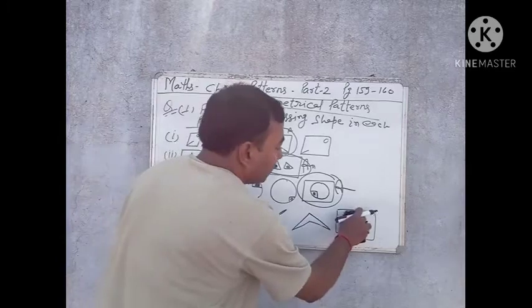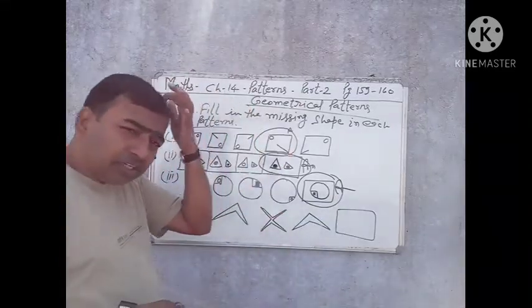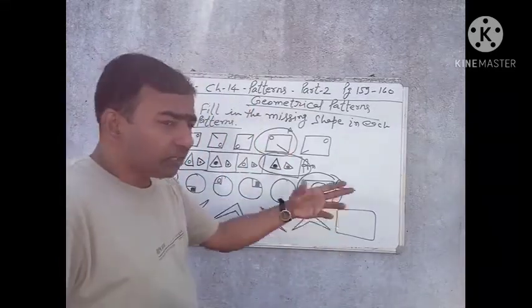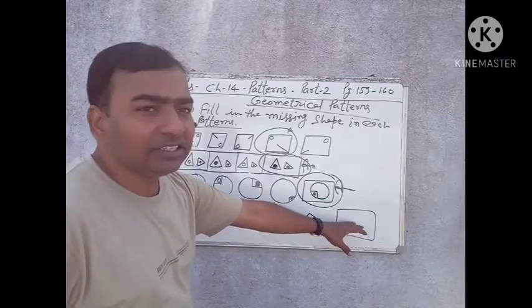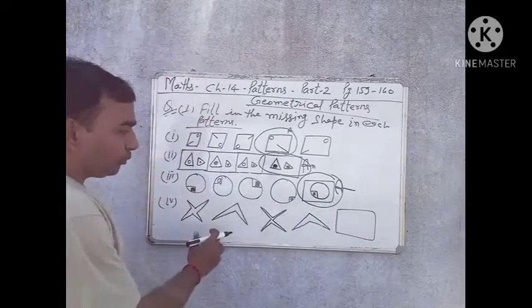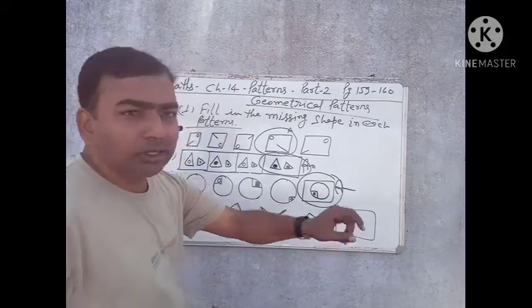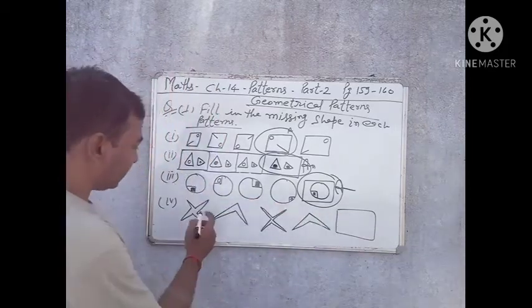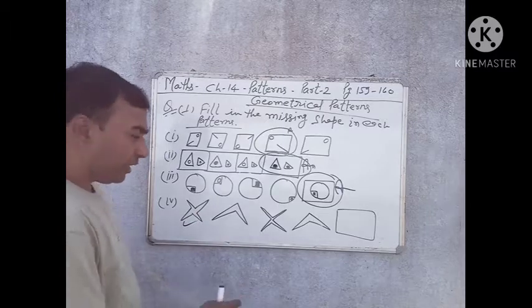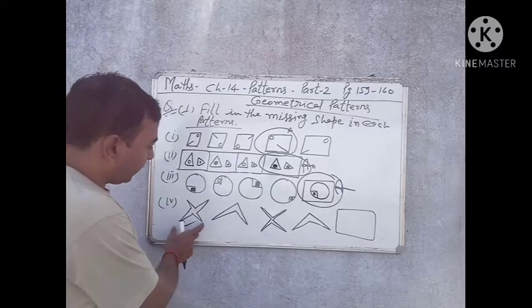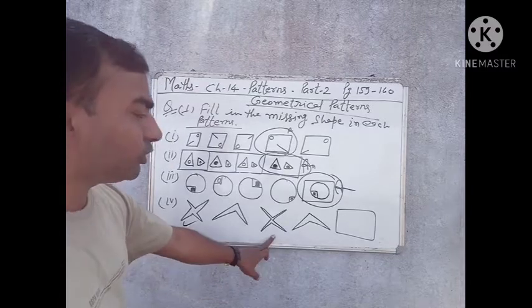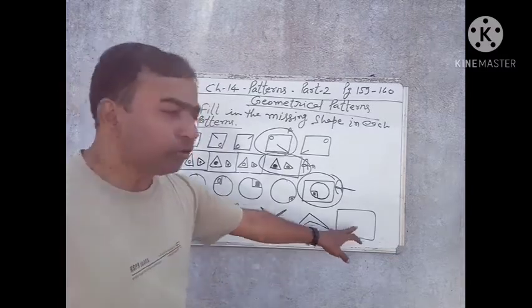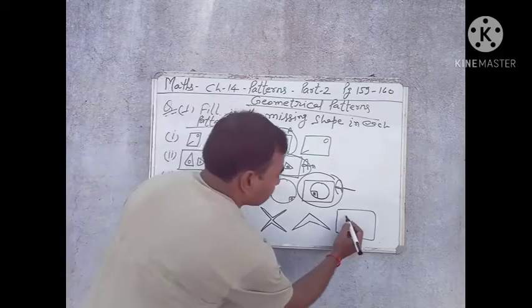Now, what will be drawn as the next shape inside this box? We will draw it like this. This is our answer. It is showing a star shape with 4 arms, 2 arms, 4 arms, 2 arms, 4 arms. So we will draw it like this.